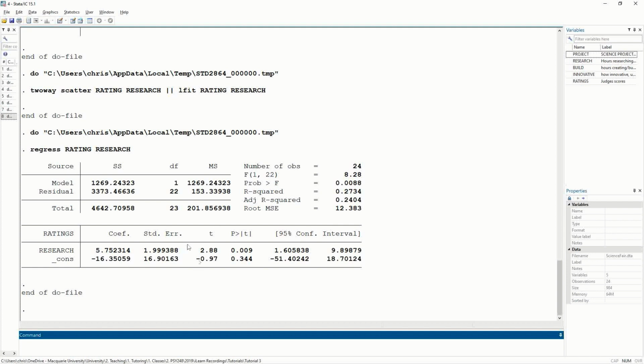Now, we will talk more about what t-statistics are when we get to ANOVA, but this is as simple as you need to understand it for now. This t-statistic is simply asking the question of whether or not this 1 unit change of 5.75 is a significant and meaningful change. If our p-value is less than 0.05, the answer is yes, it is. Okay, so here that's what we're seeing.